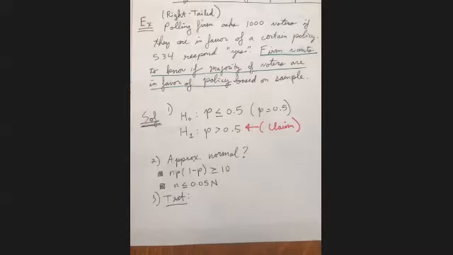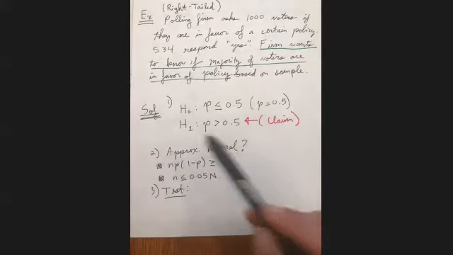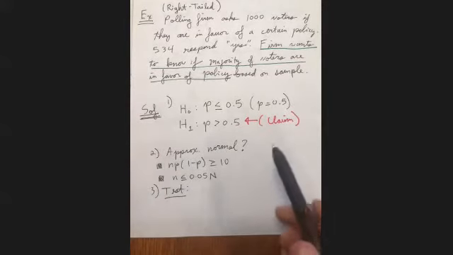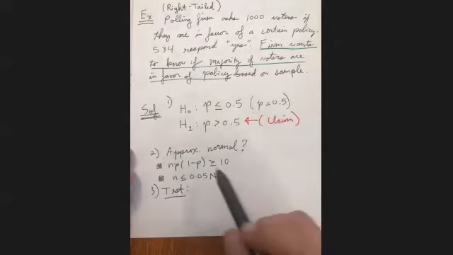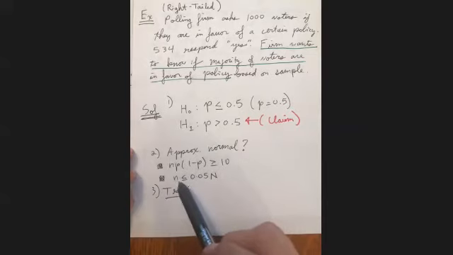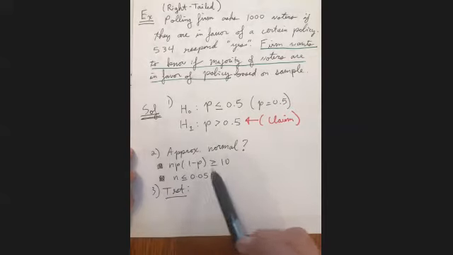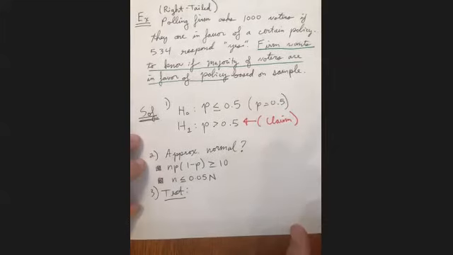So for the sample proportion distribution, we know that there are two main criteria to ascertain whether or not the sample is approximately normally distributed. And that is that np times 1 minus p is greater than or equal to 10, and n, little n, is about 5% of big N, the population size. Okay.